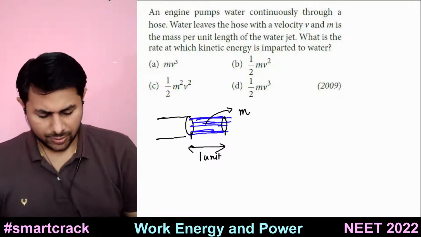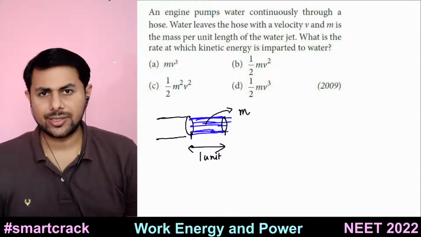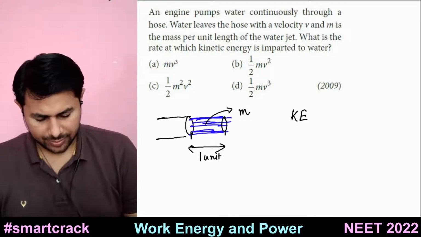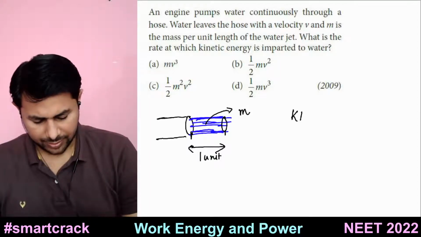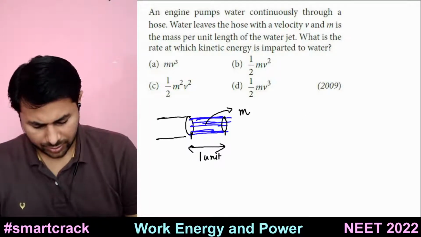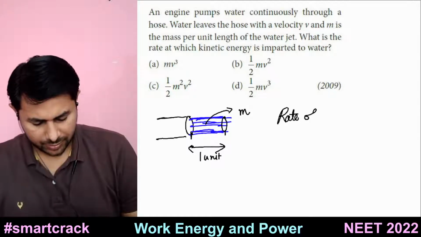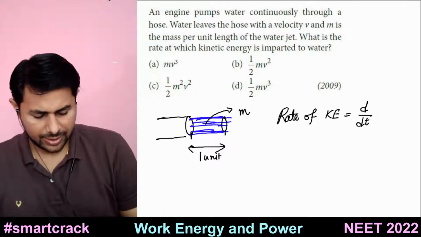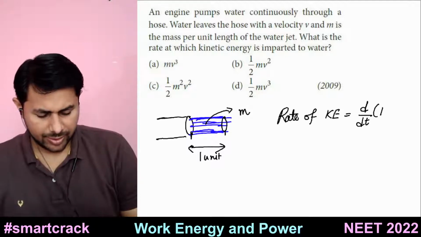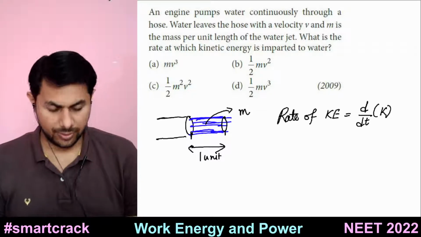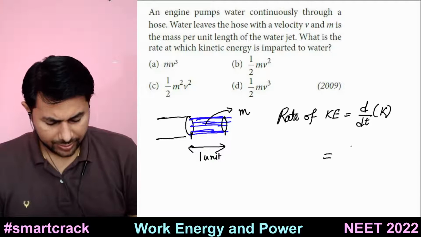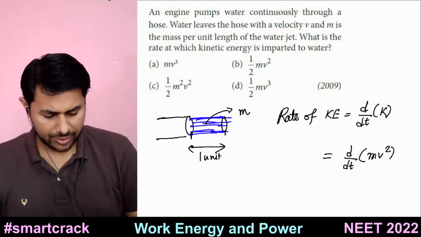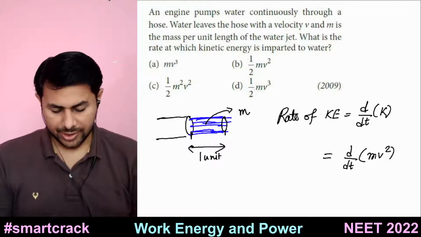So the rate at which kinetic energy is imparted. Kinetic energy is, suppose, K. So the rate of K will be equal to what? It is the derivative of kinetic energy with respect to time, d by dt of half M v squared. I will write capital M so we do not get confused.